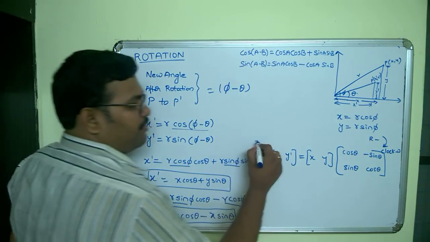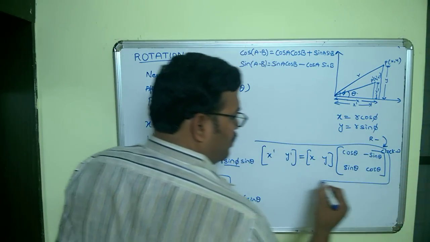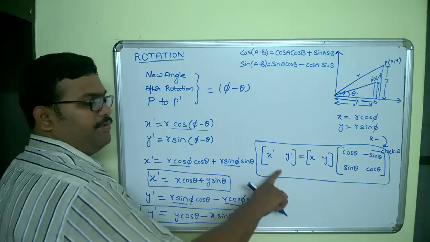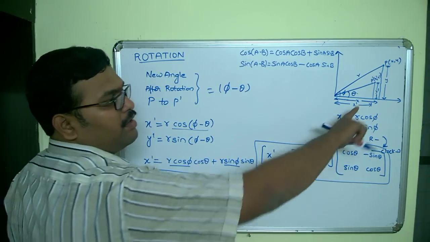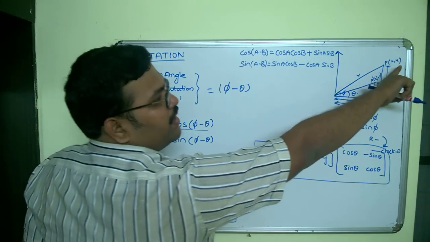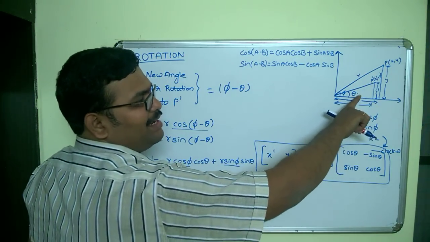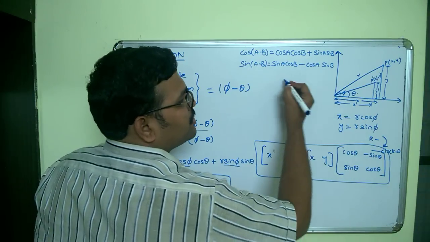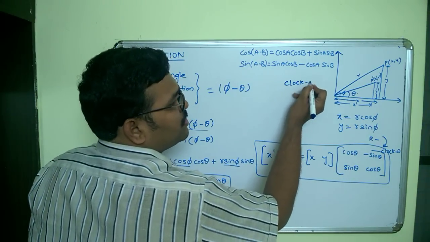This is the formula to find the new coordinates after rotating the point (x, y) by an angle theta in the clockwise direction.